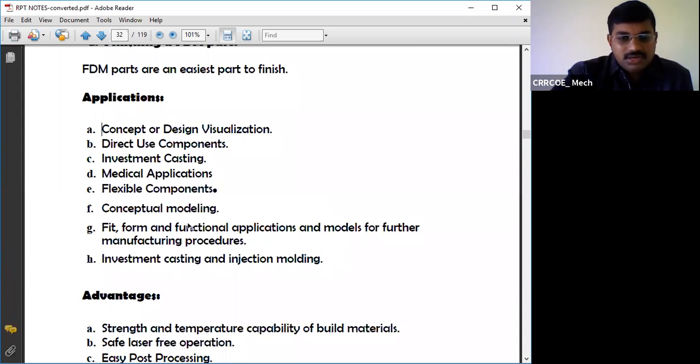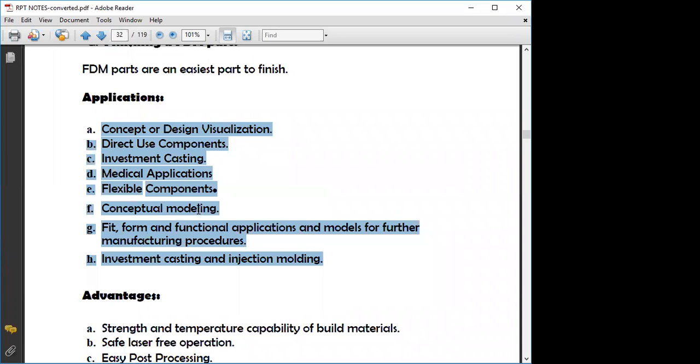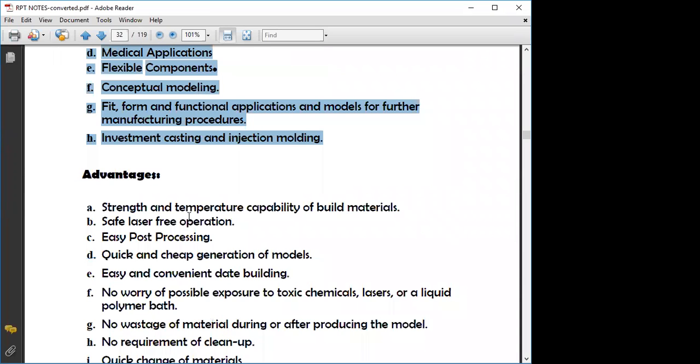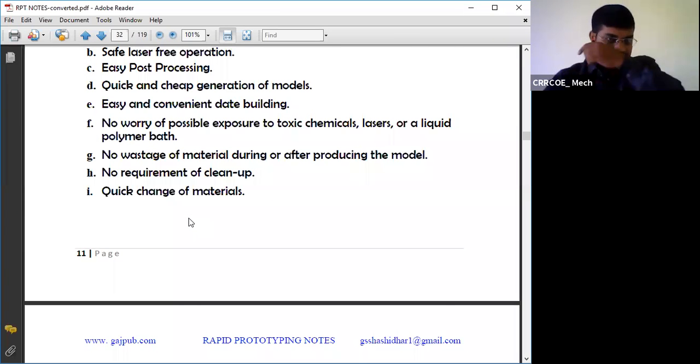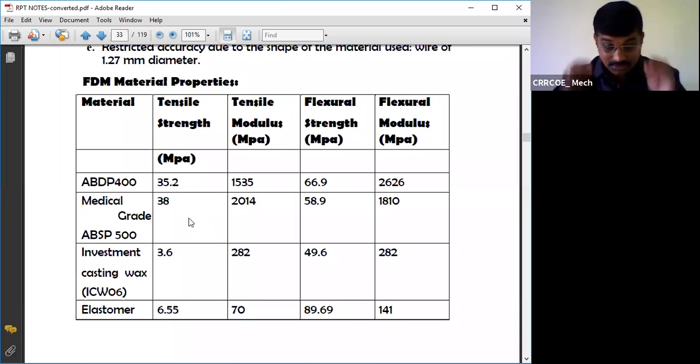Applications of this FDM technique, advantages, disadvantages, and see here material properties. We are going to use these materials, ABS, ABS P400, having tensile strength, tensile modulus, flexural strength, flexural modulus.